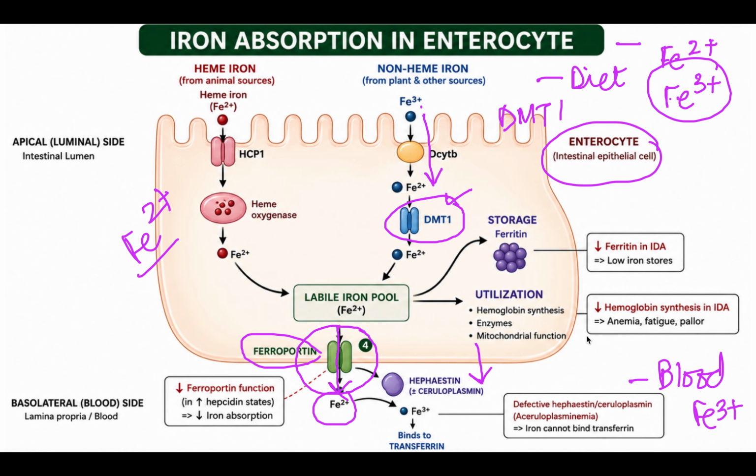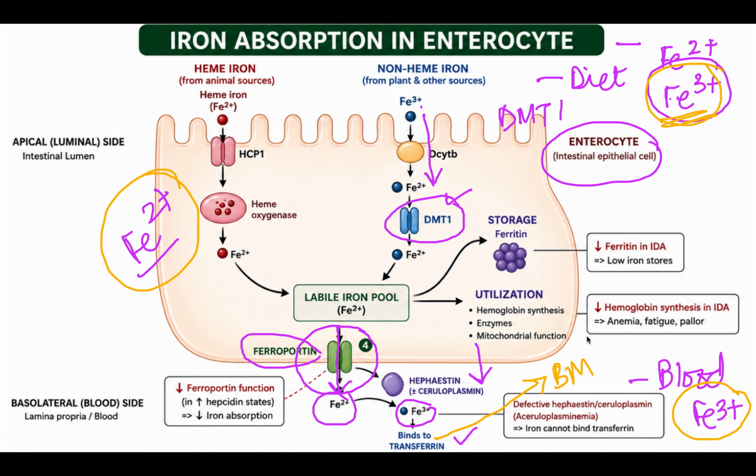Now it is converted into the ferric form, and then it binds to transferrin, and this transferrin takes the iron to the bone marrow. Let's revise. Mainly you have dietary iron, which is mostly in the ferric form, and in the blood also the ferric form is required. However, to transport it through the enterocyte, we need the iron to be in the ferrous form.